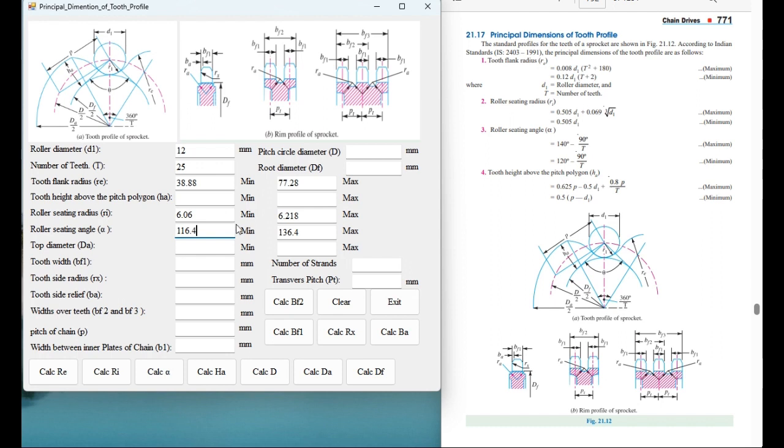Now we must enter the value of p, the pitch of chain, for example 7 millimeter. Then we can calculate HA. You see, the minimum value is minus 2.5 and the maximum value is minus 1.41.